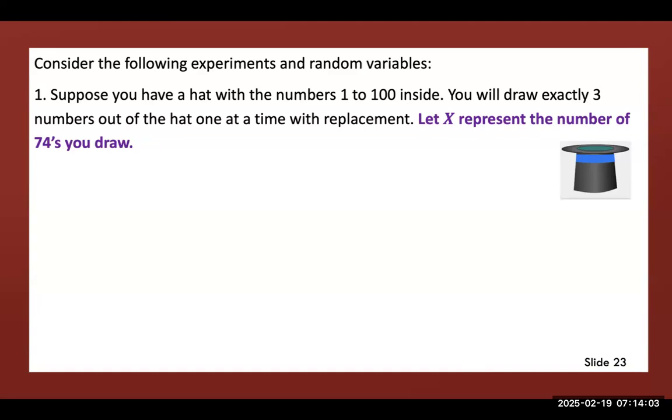I could get the 74 on the first draw and then 75, 75. I could draw 2 74s. And the maximum number of 74s I could draw is 3. Because I'm only drawing 3 numbers, the maximum I can have is 3. So the range is 0 through 3. Don't forget that 0. That's a common mistake to forget the 0.